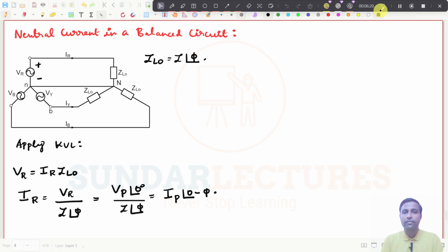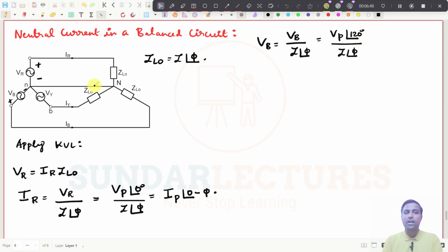And if you are going for VB, likewise, if this is plus and this is minus, and if you write this down, you will get VB divided by Z at an angle of phi. And what is VB? We know that VB is nothing but V phase at an angle of plus 120 degrees, divided by Z at an angle of phi. This is actually IB, right?